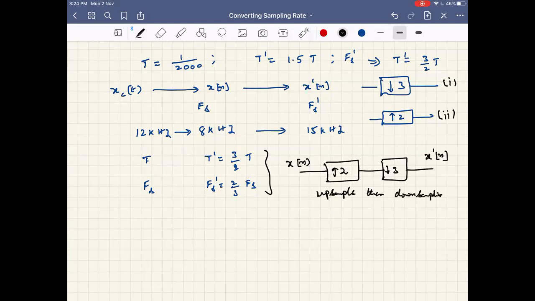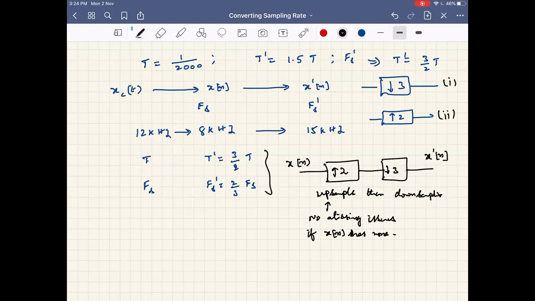But is that enough? Because this has no aliasing issues. If x[n] has none, even the upsampling process doesn't have aliasing, and this also gives better bandwidth for downsampling.